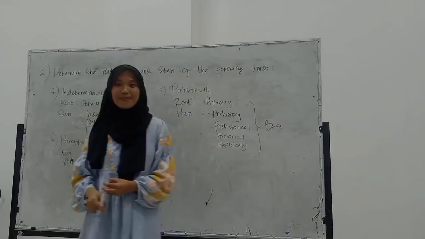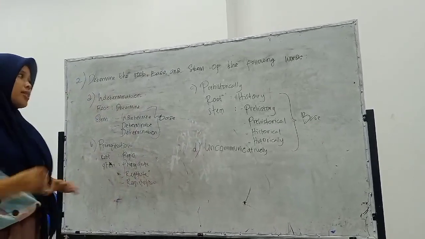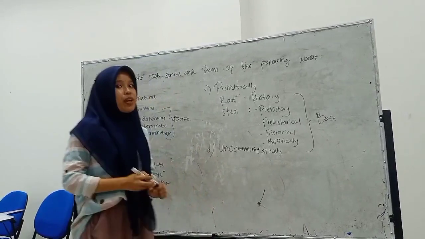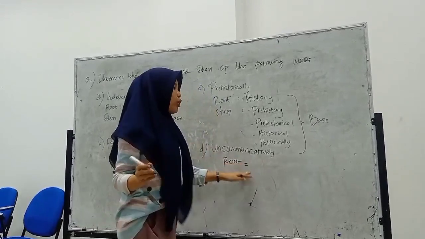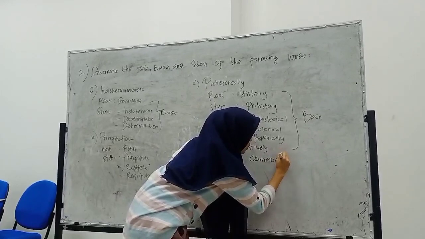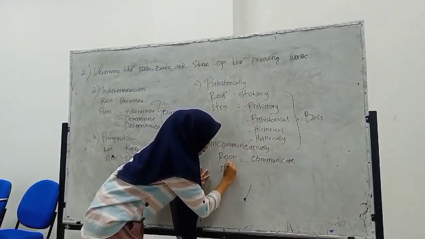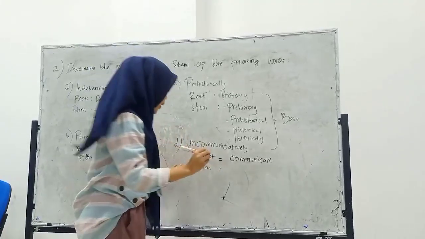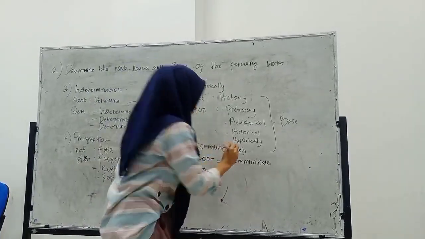Thank you. Well, I will continue the material on determining the root, base, and stem. The word is uncommunicatably. The root is communicate. And there are four stems. First, communicate.